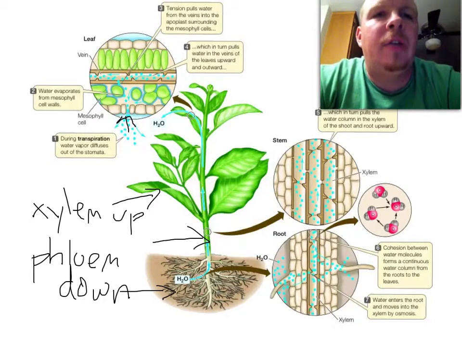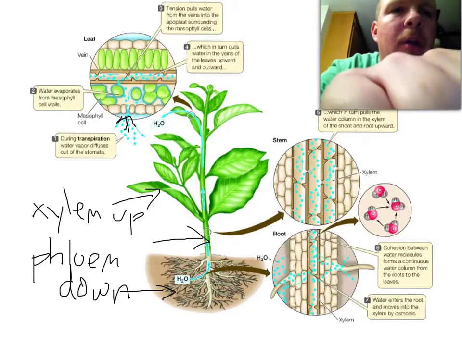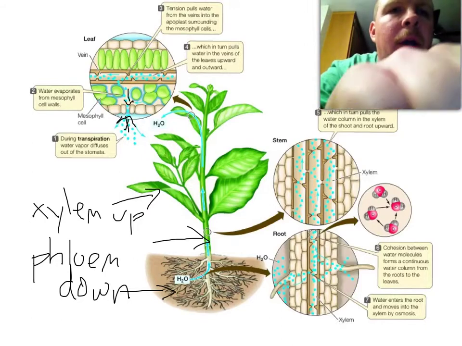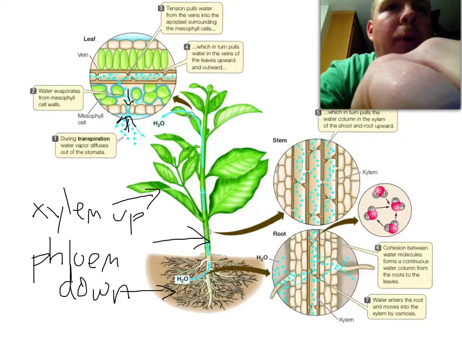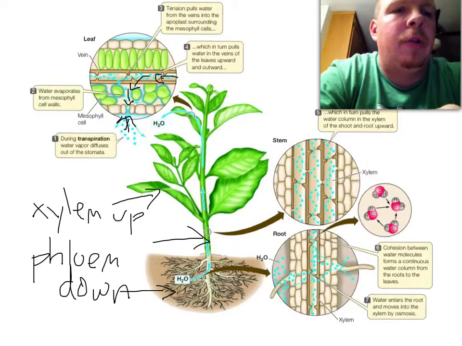Because water is cohesive, when this water molecule evaporates, it pulls another water molecule nearby down. Then because that water molecule is also cohesive, it pulls another one down, and another one, all the way back down to the roots.